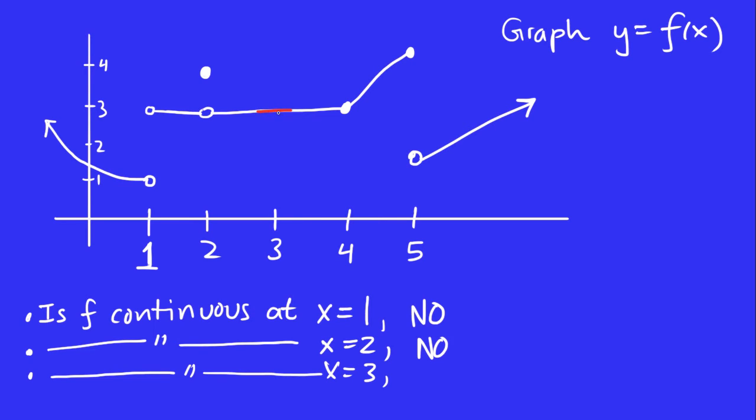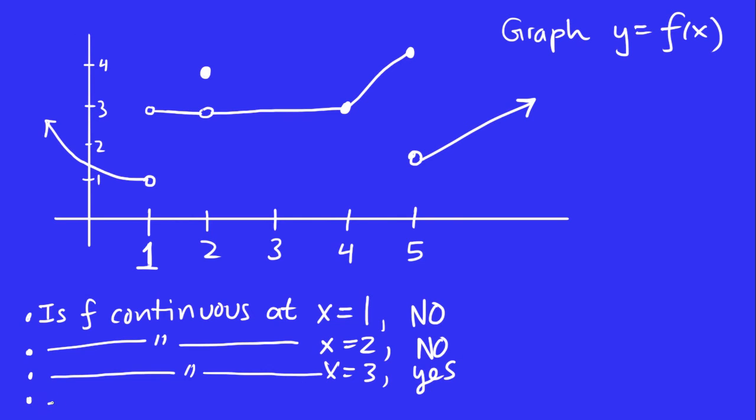I did not have to lift my pen from the paper when I traced the graph from around 3, right? And that's exactly what it means to be continuous there. Just because there's no solid dot here, like I said, that's irrelevant. So, yeah, it's continuous at 3.